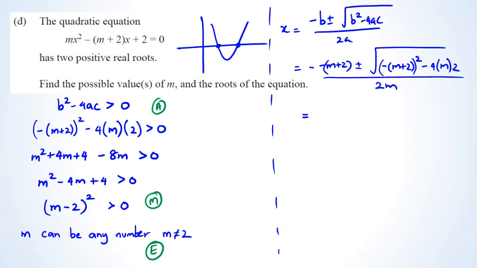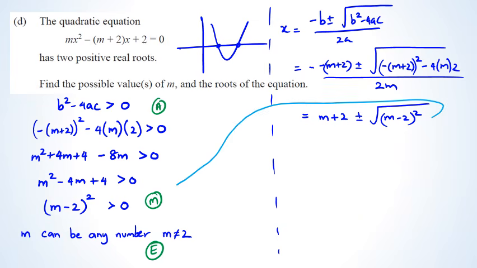What you should end up with is positive, because the two negatives convert to a positive. So we've got m plus 2 plus or minus the square root of m minus 2 squared, because that's what I ended up doing here, divided by 2m.